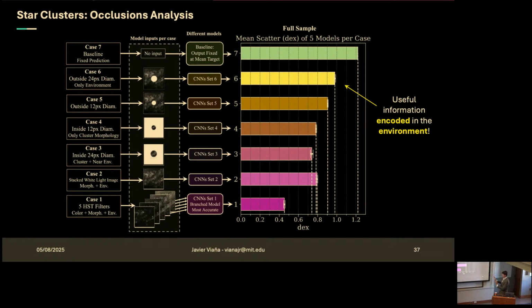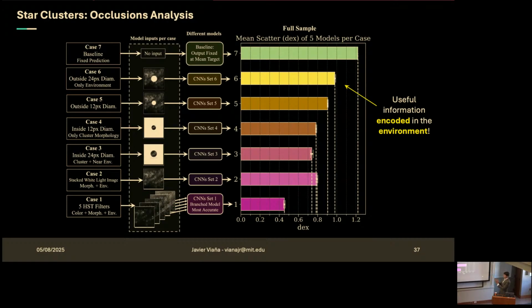All right, let's go step by step. On the very bottom, we have the first case: 5 HST filters. Here we have the color of the filters, the morphology of the star cluster, and you also have the environment information. We train this branch convolutional neural network, and we get this performance for the full sample with the extreme ages.